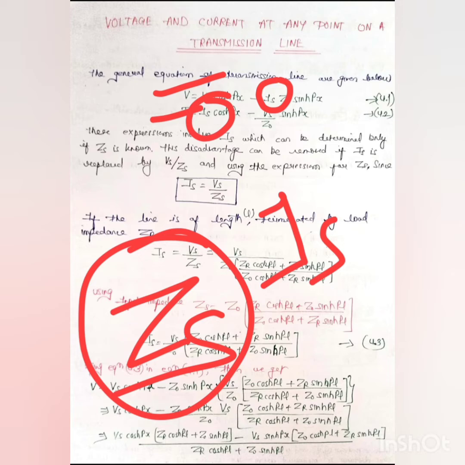So first of all we need to derive our expression for Is, and after getting it, we put it in the general equation of the transmission line, and then we can find our voltage and current equation.